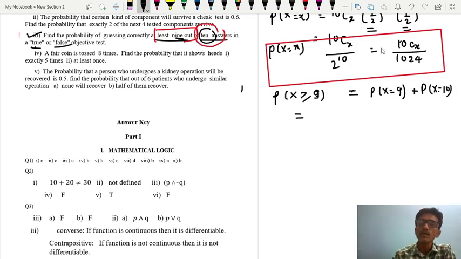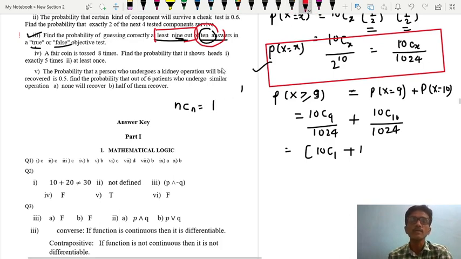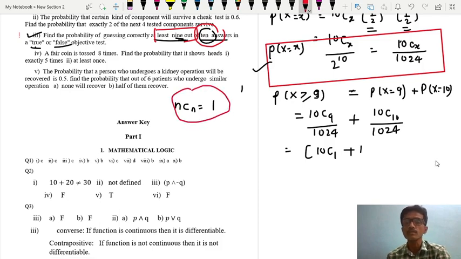So here we substitute in this formula 10C9 upon 1024 plus 10C10 upon 1024. 1024 will be common. 10C9 is 10C1, that is 10, and 10C10 is 1. nCn is equal to 1.